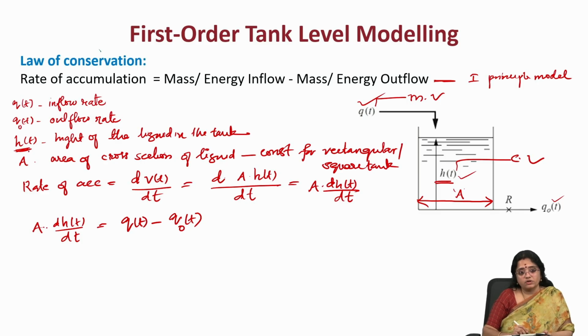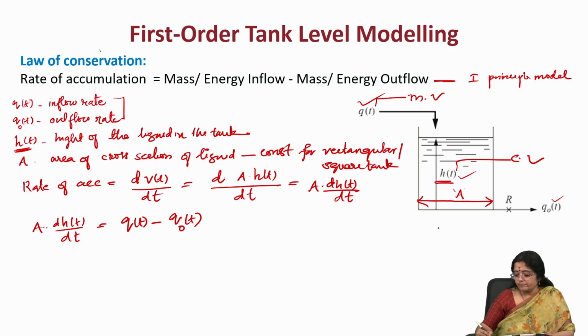Any other parameter can be a possible manipulative variable. So we are left with two variables, Q of t and Q naught of t, out of which we look for a process variable which has a direct impact on the controlled variable, and which is independent of the other variables.